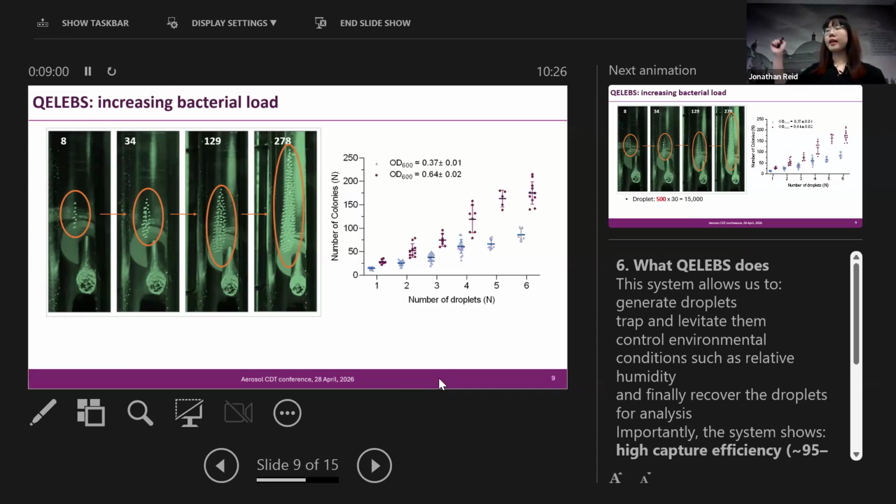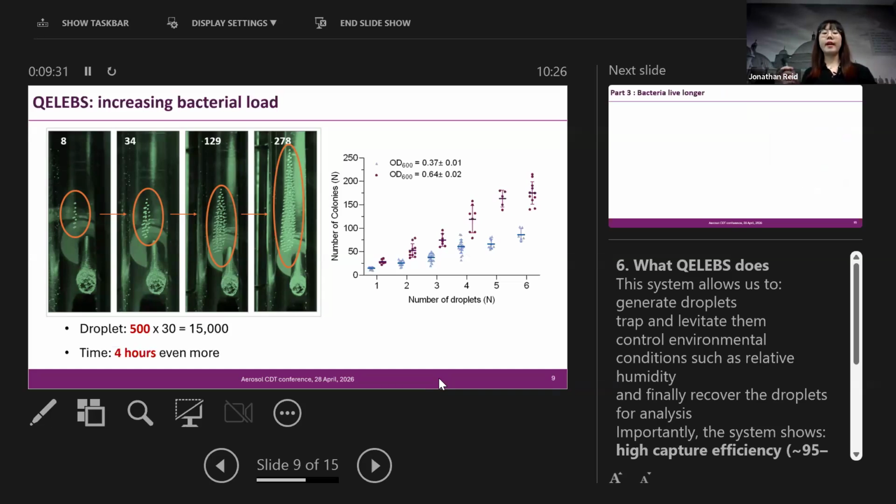We also have a feasibility test to see. Here we treat with 2 different concentrations of bacteria solution, and it shows a very linear relationship, which means the bacteria distribute evenly in each droplet. So in here, we can see the QLabs provide us over 500 droplets, which means if we have 30 bacteria per droplet, we can do a simple calculation, and we can have over 50,000 bacteria in here.